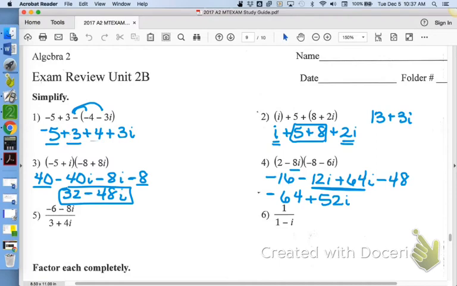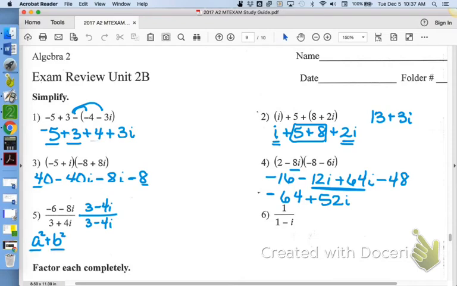Number 5, we're going to multiply by the conjugate. Conjugate of 3 plus 4i is 3 minus 4i. I'm taking the shortcut: a squared plus b squared. Some of you put i in that, and you're not supposed to.